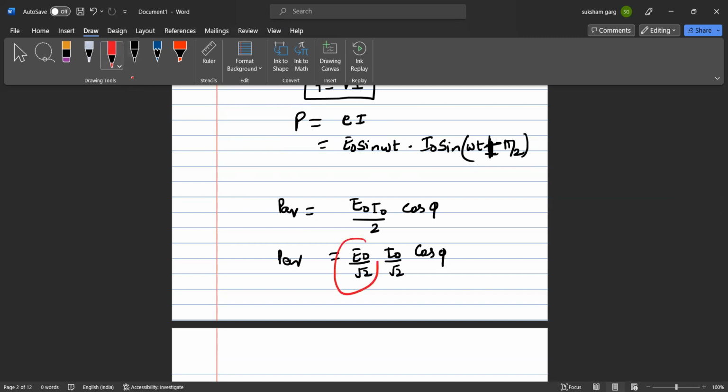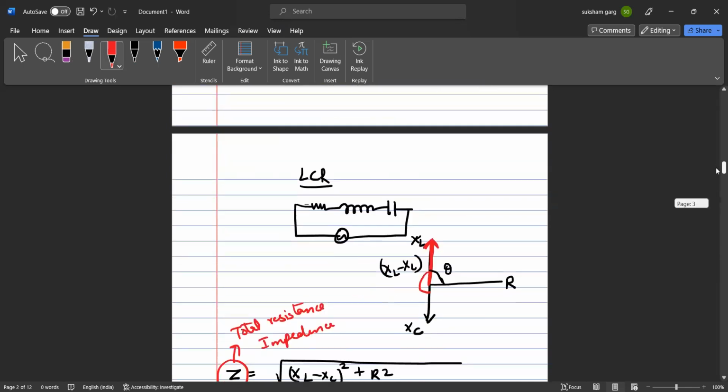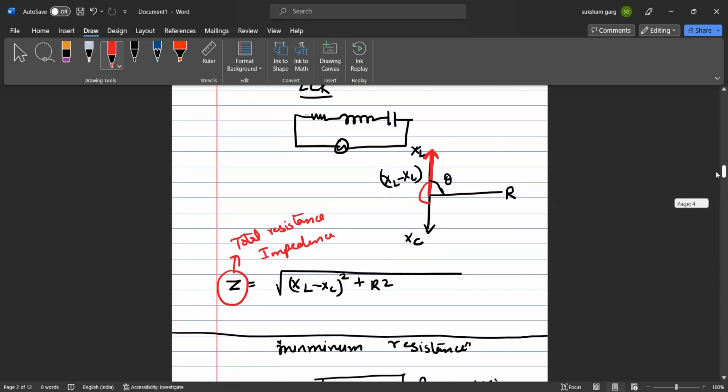Now E naught by root 2 is called the root mean square value of voltage. I naught by root 2 is called the root mean square value of current, and cos phi is called the power factor. By the way, this angle phi is the angle which, in an LCR circuit, the total resultant impedance subtends with one of the factors. That is the angle phi.